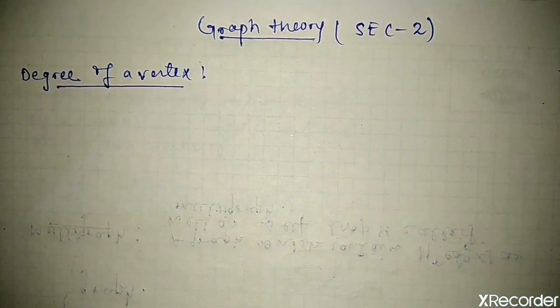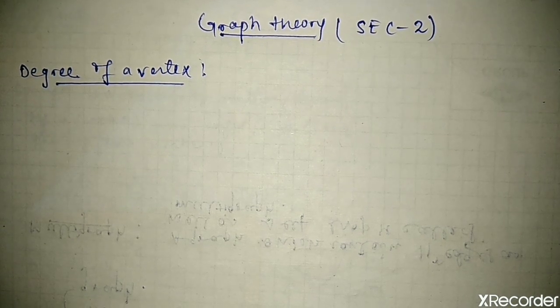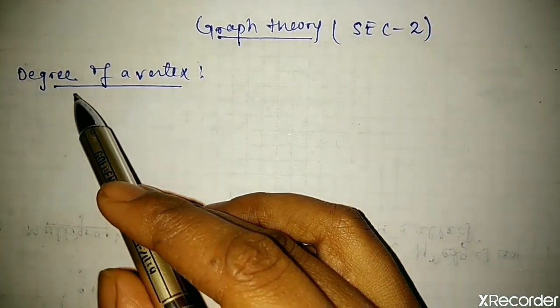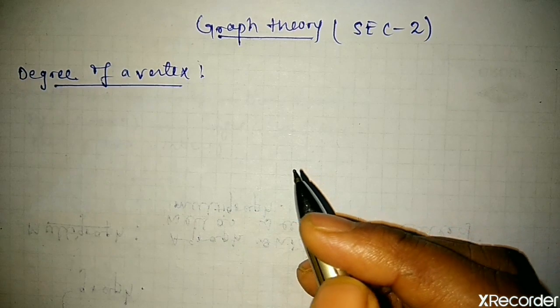Earlier we have seen the directed graph, in degree and out degree of a graph. So let us see what is the degree of a vertex.